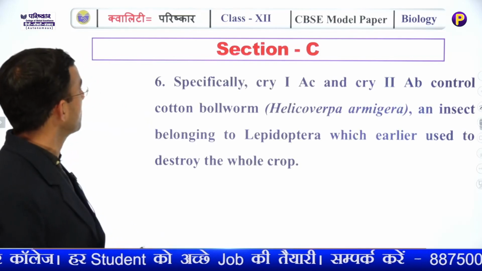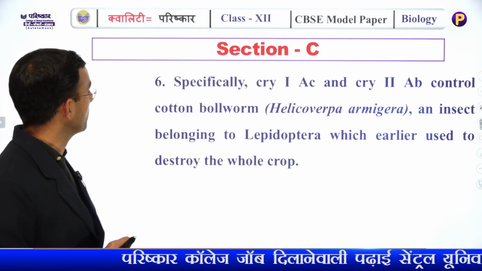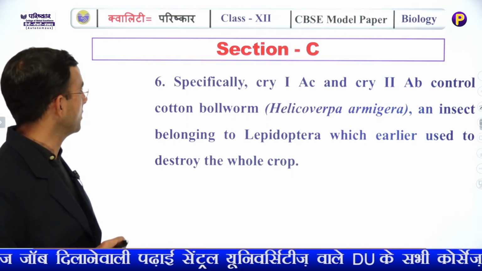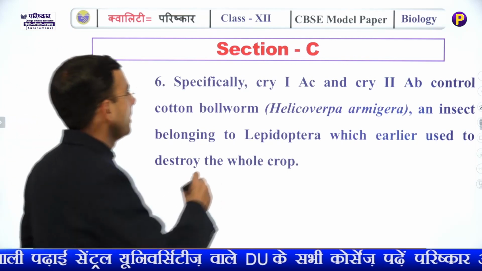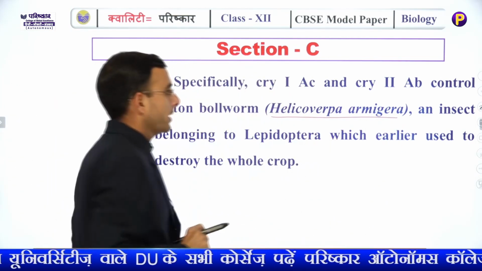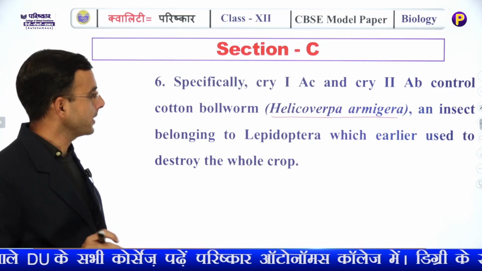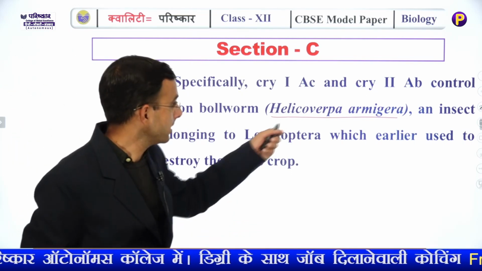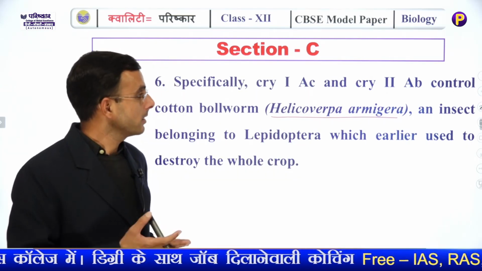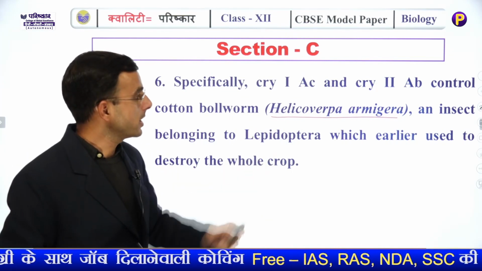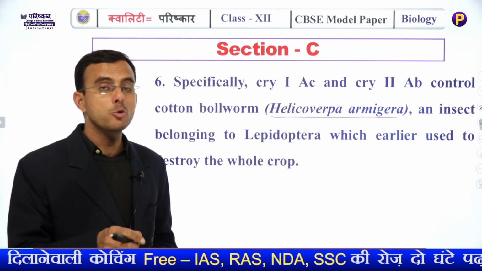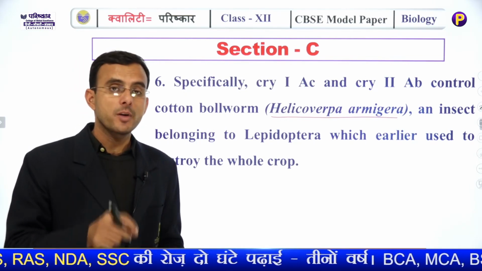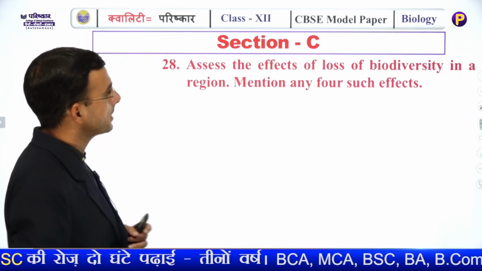That is the complete mechanism. The last point is that specifically cryIAc and cryIIAb control the cotton bollworm, an insect belonging to Lepidoptera, which earlier used to destroy the whole crop plant. That insect was creating a big problem for us by destroying the cotton plant, and now we are able to protect the plant by developing a Bt toxin variety of cotton. So that is the question.